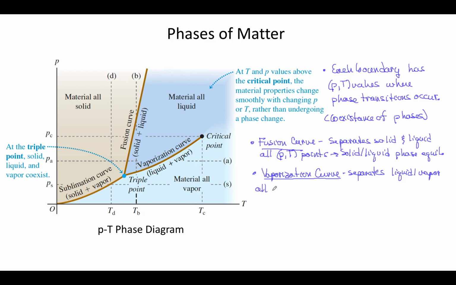And all points on that curve, pressure-temperature points, all states of a solid, liquid, or gaseous or coexisting system, all of those pressure-temperature points are in a liquid-vapor phase equilibrium.